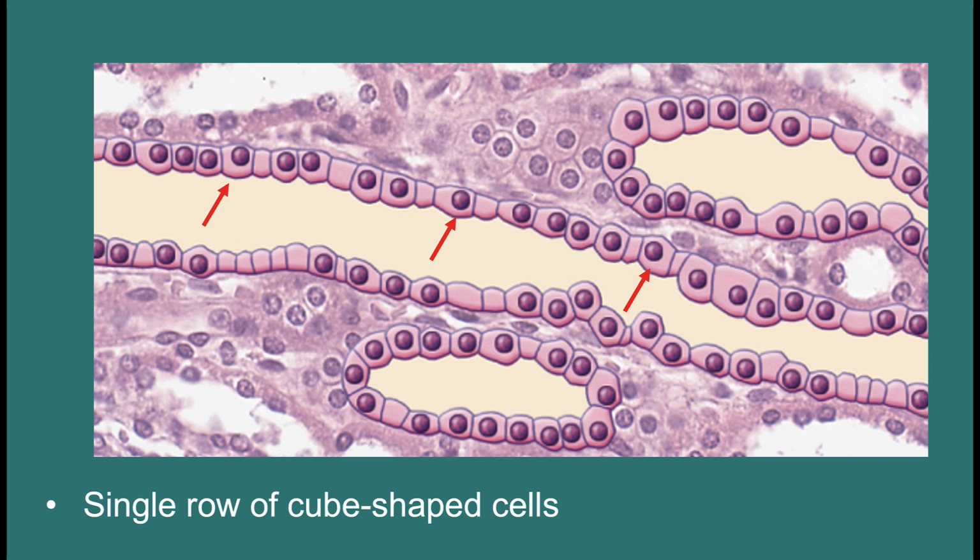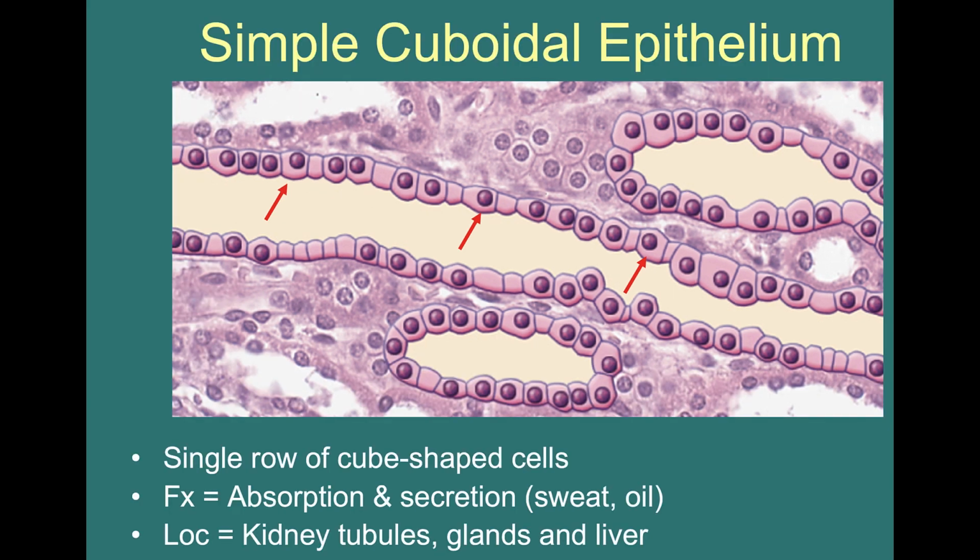They definitely don't look flat and squishy. So this is our cube-shaped cells that are lined up in a single row, which means that we are looking at our simple cuboidal epithelial tissue.